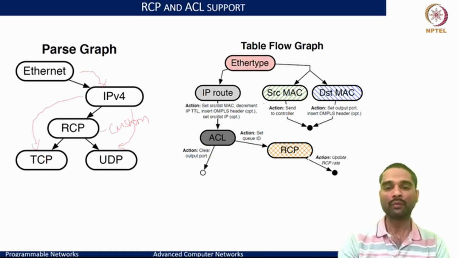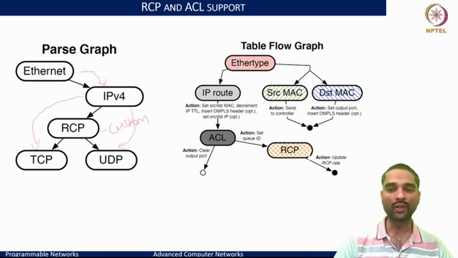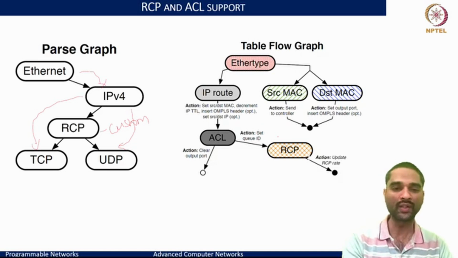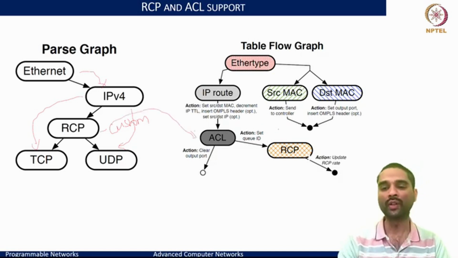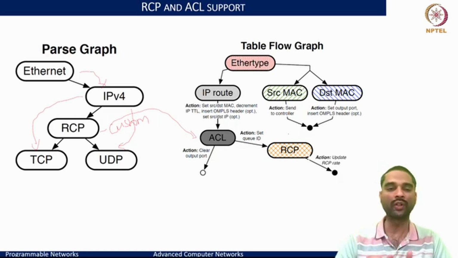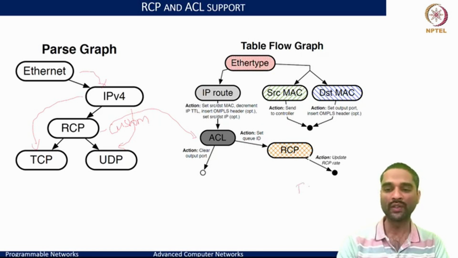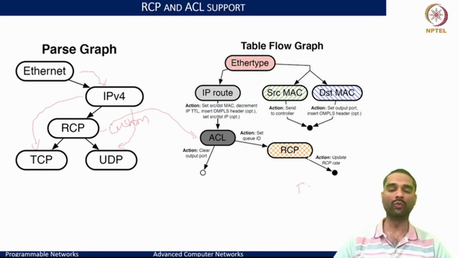And on the actions, if there is an access control setup that we want to do, for example, set the QID as RCP, if it were RCP, we would want to jump and do the access control, setting the QID of RCP to ensure that we are rate controlling that specific packet, and then correspondingly take the TCP or UDP set of actions that we would want to do in further processing.